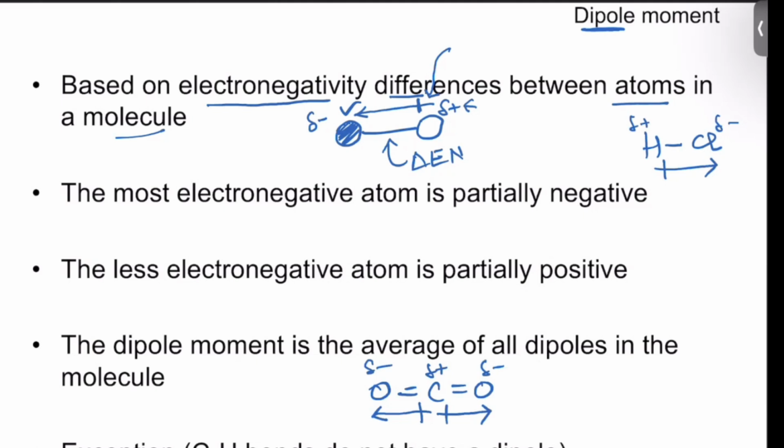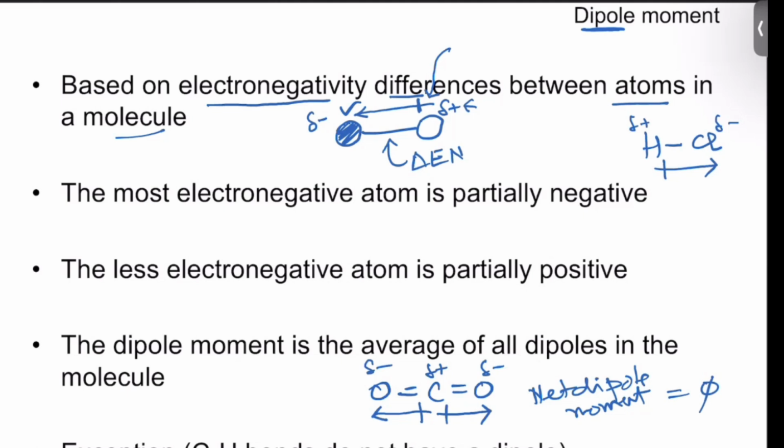Now, here's the thing. This is an example where you will see that dipole moments, when they're opposite to each other, will cancel each other out. So what happens is the net dipole moment is going to be 0.